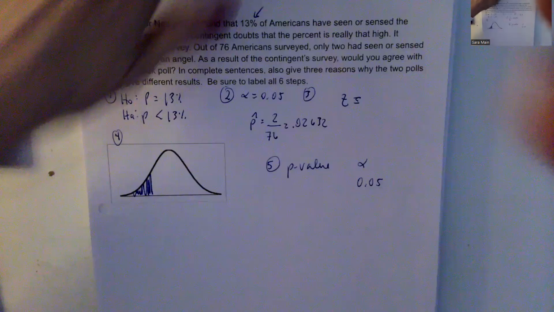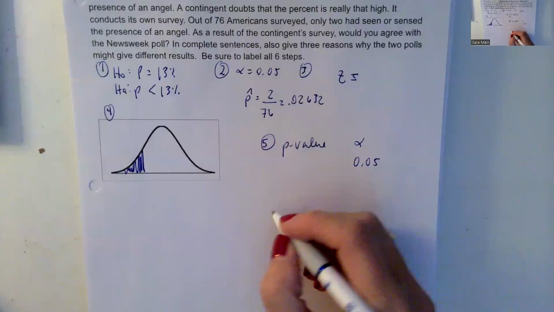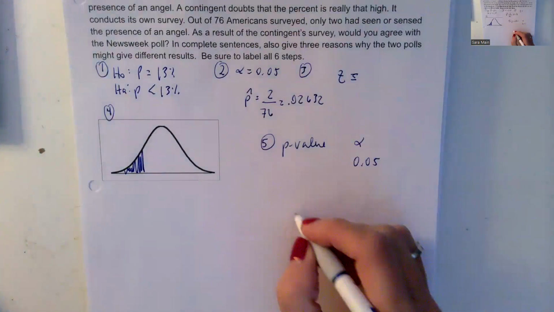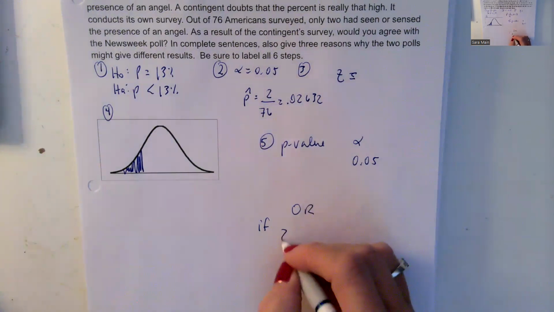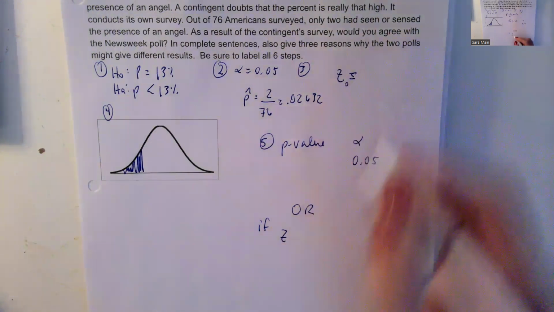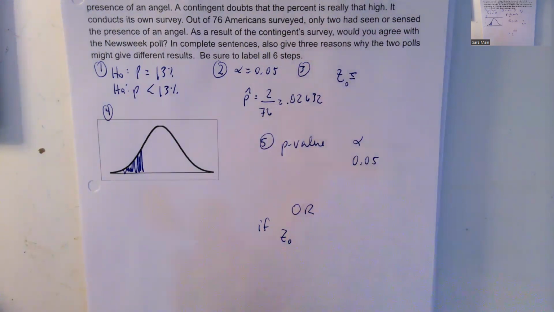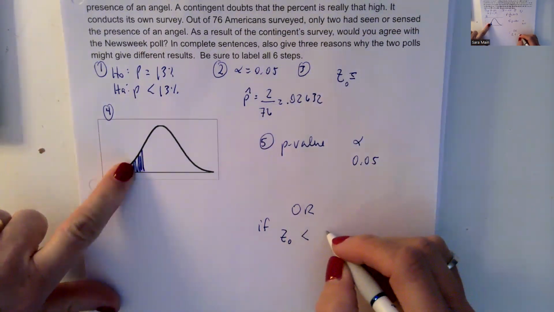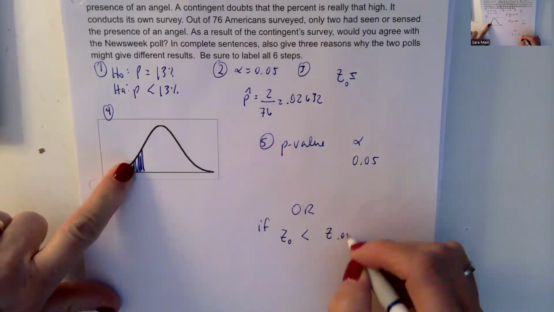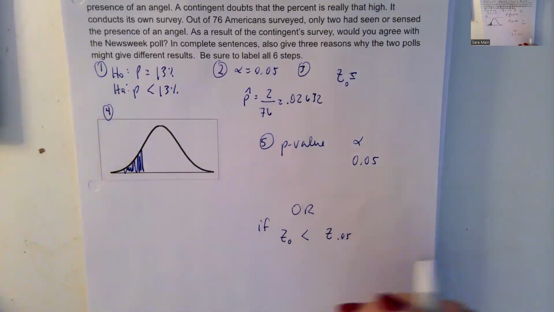I'm going to go through that one with you too. So we can use p-value, or if our z0, that's our test statistic, right? If our z0 is outside in this danger zone, so less than the z of 0.05, then we will reject. Okay, so let's go to our program here.